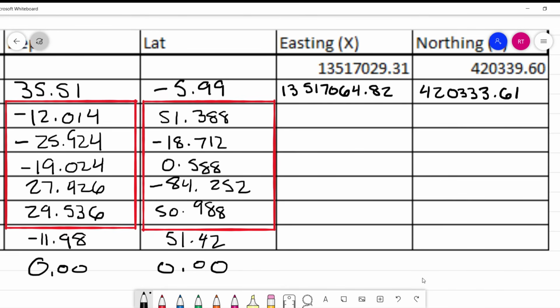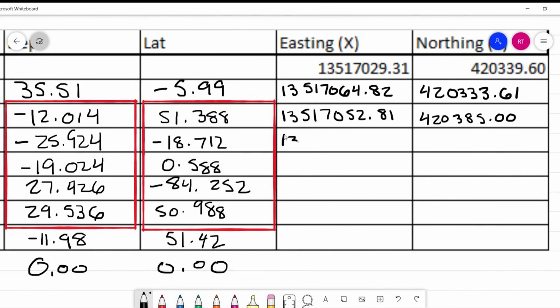And I get the easting of green is at 1351752.81, and the northing, we're going to add this latitude. So we have 420385.00.